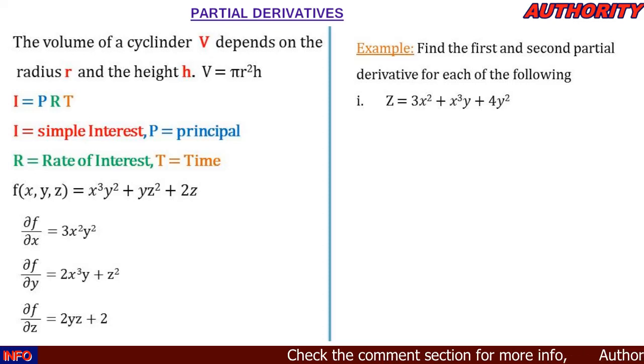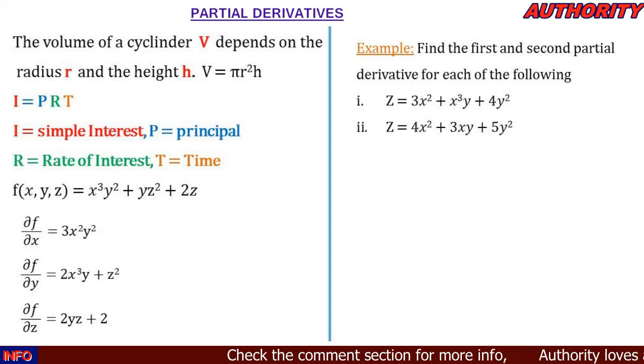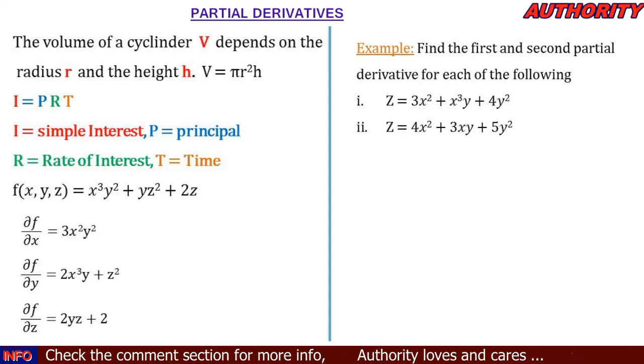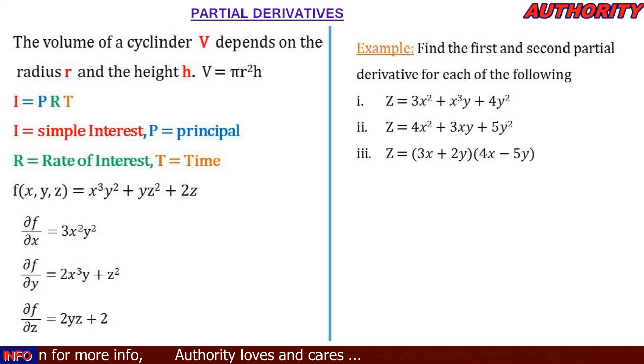Then number 2, we have z is equal to 4x squared plus 3xy plus 5y squared. Then number 3, we have z is equal to (3x plus 2y)(4x minus 5y). Okay, please let's take this one after the other.